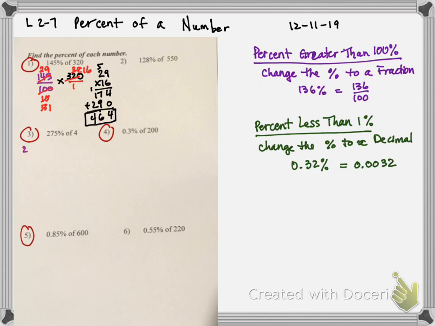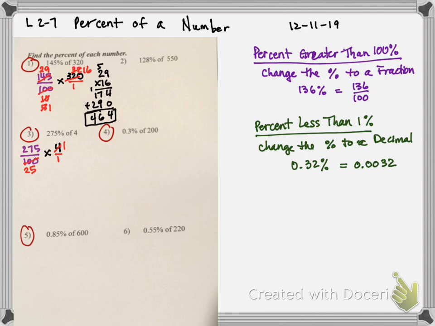We've got 275%, so we're going to write it as 275 over 100. Of means to multiply, and we're going to multiply by 4. Now we're going to create a fraction out of that 4 by giving it a denominator of 1. All right, let's see what we can do. That's interesting. Guess what? 4 goes into itself once, and into 100 25 times.